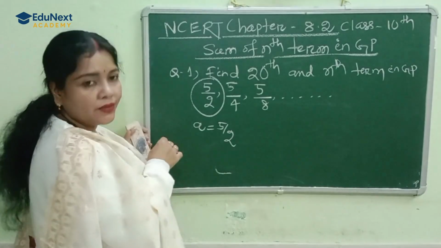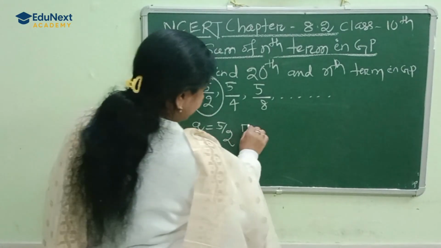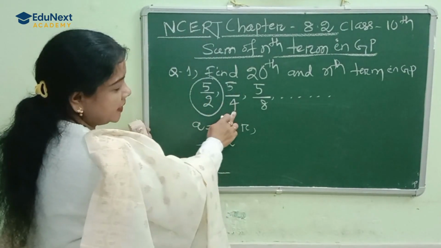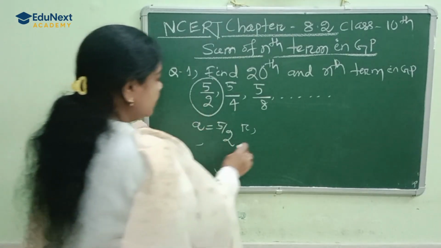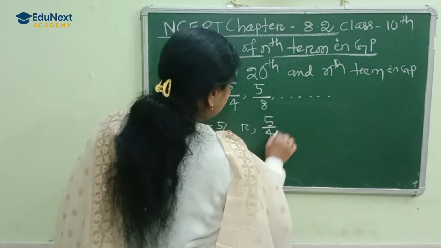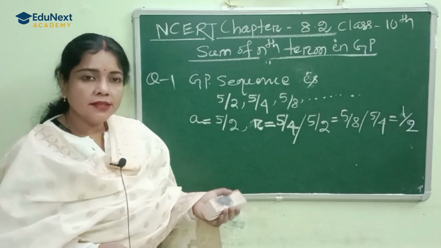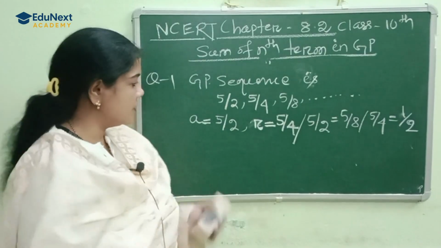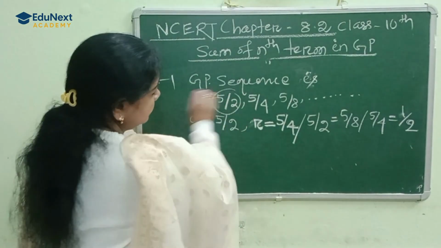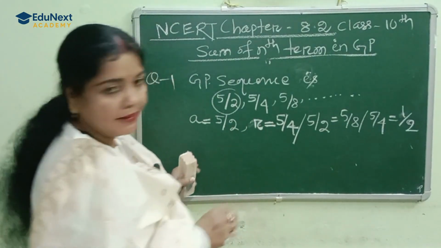Then we have to find the common ratio R. To find the common ratio, we divide the second term by the first term, 5 by 4 divided by 5 by 2. That is equal to, see, the first term is 5 by 2 and the common ratio is 1 by 2.